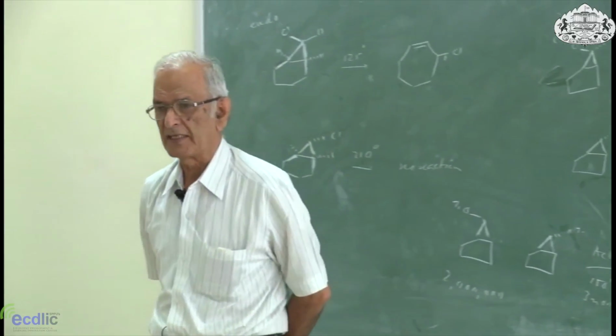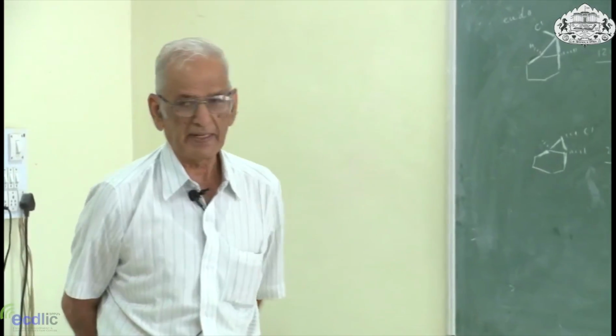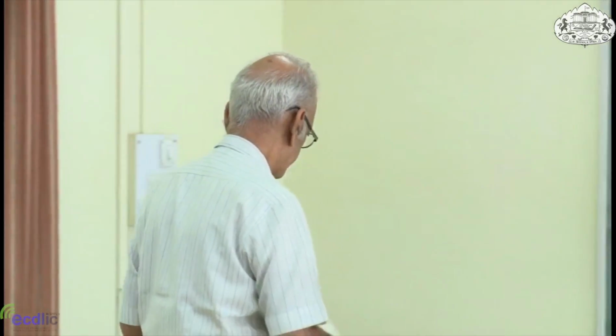In the endo tosylate at 126 degrees, I get product. Calculating number of collisions, it means that the endo tosylate reacts 2 million times faster than the exo-tosylate.